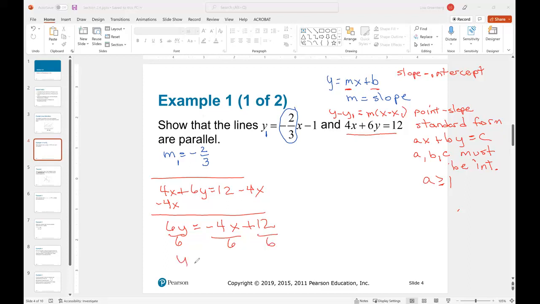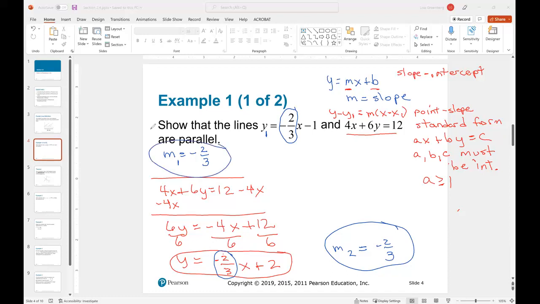And I get y equals negative 4/6, I can simplify to negative 2/3, x plus 2. So now I know that the slope of the second line is again equal to negative 2/3. So I have the same slope for both lines, so they must be parallel.